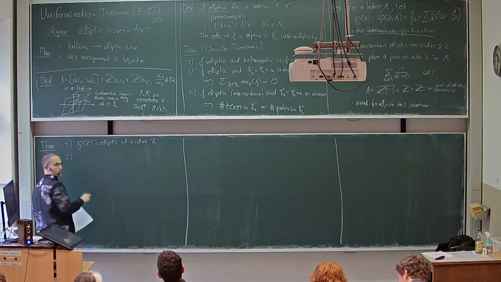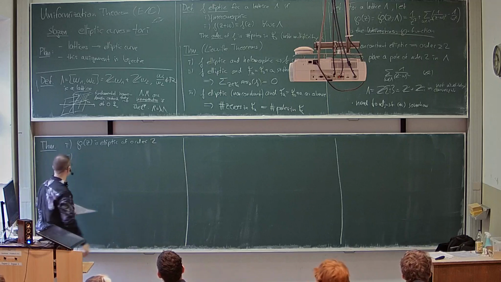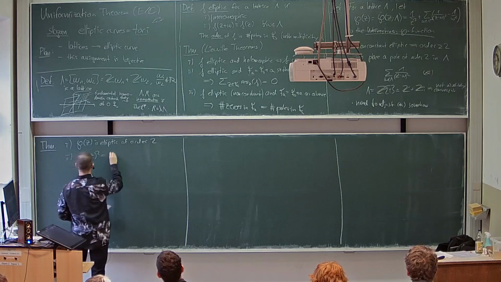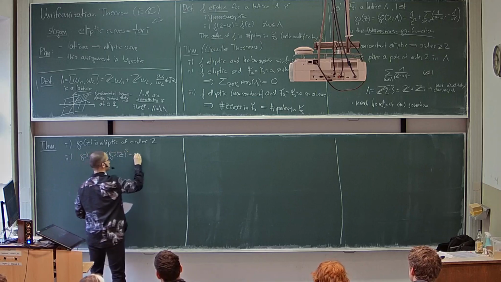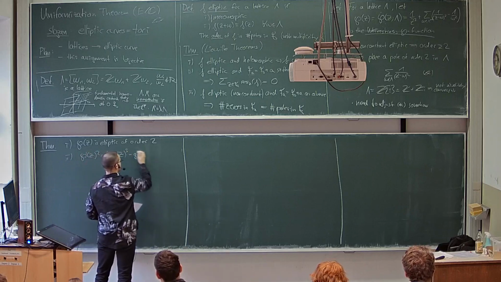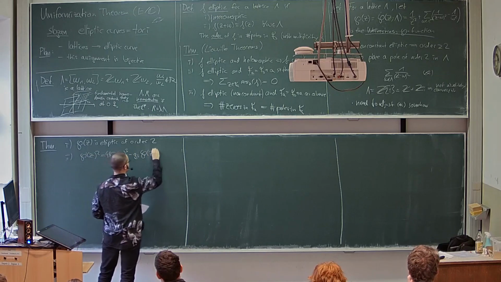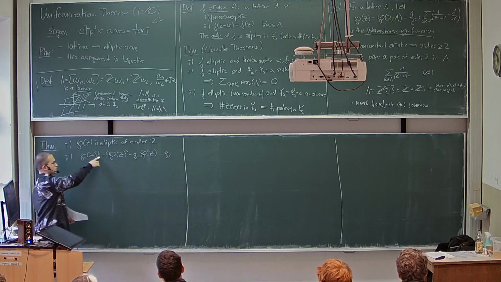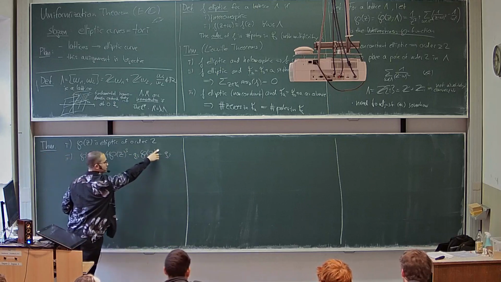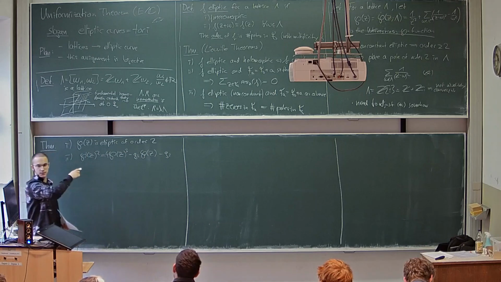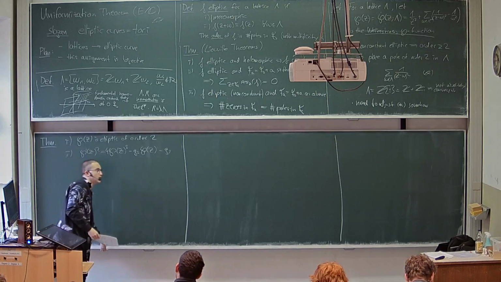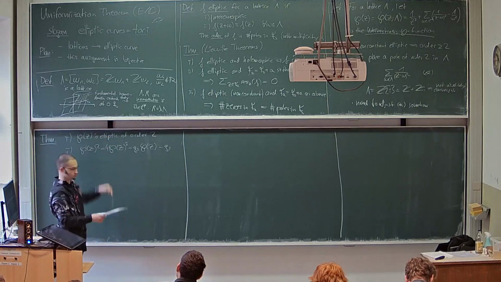And to cover it all at once, what we also need about this function is that it satisfies a peculiar differential equation. By the way, if you look at it, here's a square, here's a cube, here's a linear term. This really looks much like an elliptic curve. And what we are going to prove is that this is actually an elliptic curve. And this will be our way of associating to any lattice an elliptic curve.